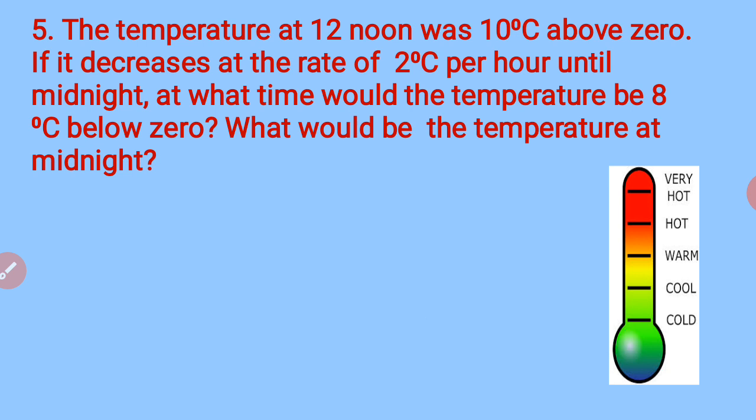Question number 5. Oh, that's again a temperature related question. Temperature related questions are always real life questions, right? Now, the temperature at 12 noon was 10 degree above 0. Think of the situation. 12 noon, the temperature is 10.